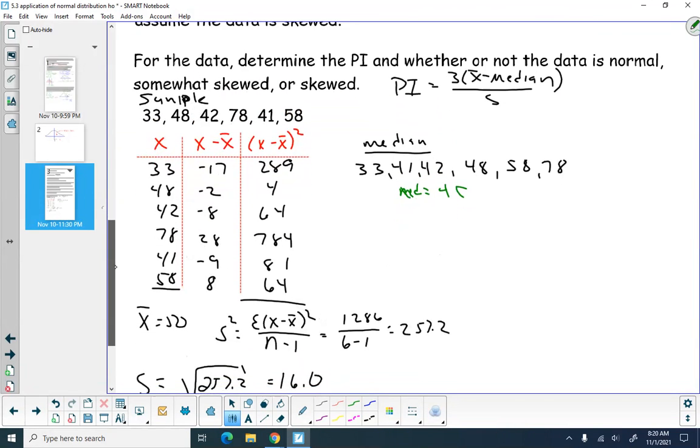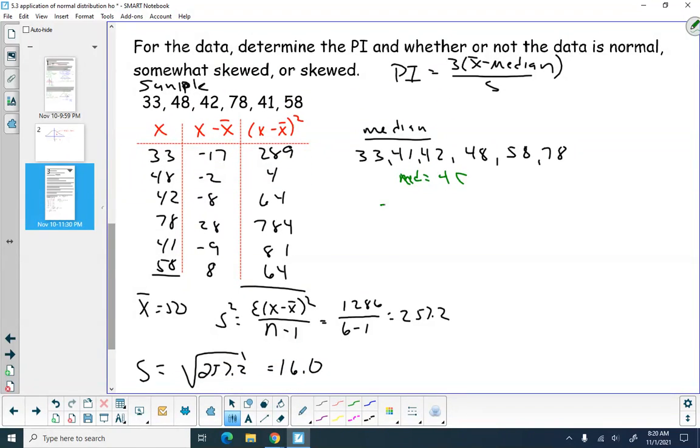So we have 3 times the X bar, which we calculated to be 50, minus 45, divided by our standard deviation of 16.